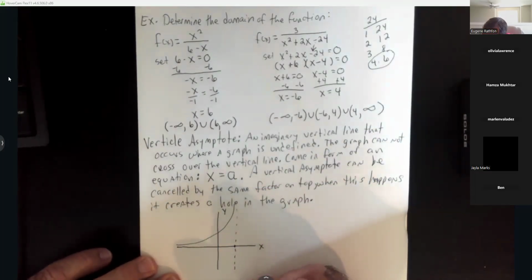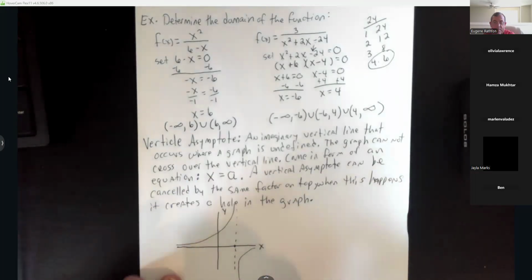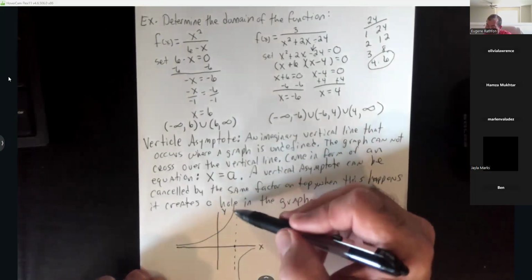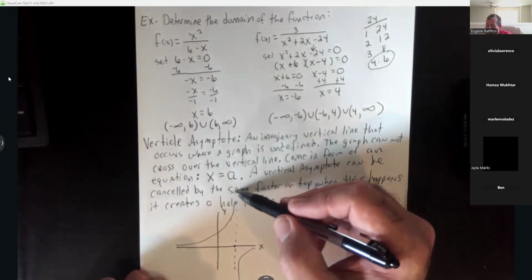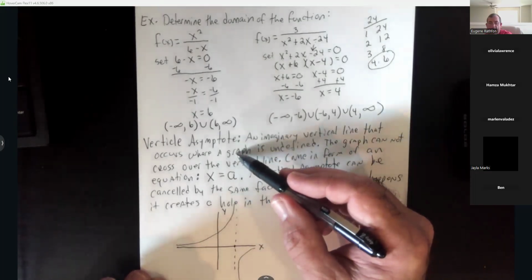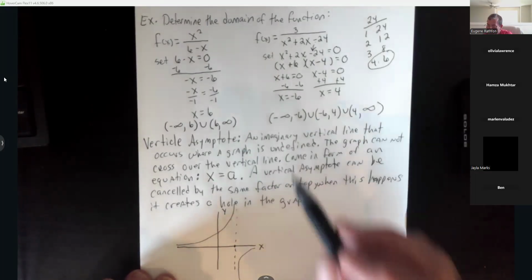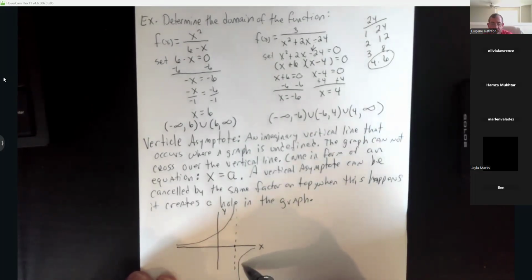The other one will come in from negative infinity and go up. So the asymptote is this dotted line. The graph won't cross it. It'll just keep shooting up and up towards positive infinity, but it cannot cross over this, okay? Same thing on this side. This side will keep going down towards negative infinity, but it never crosses over that imaginary line.